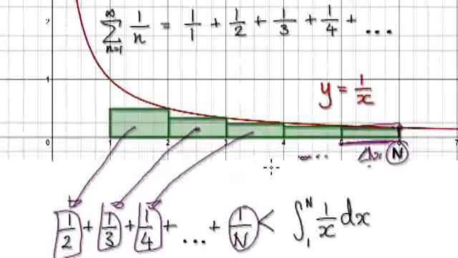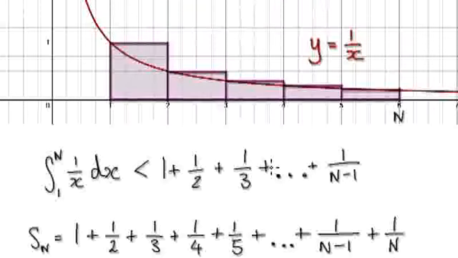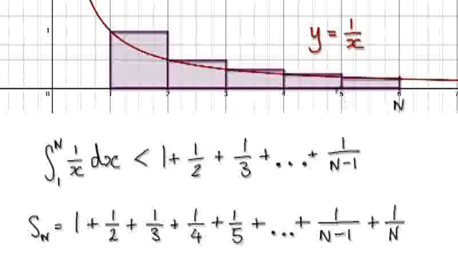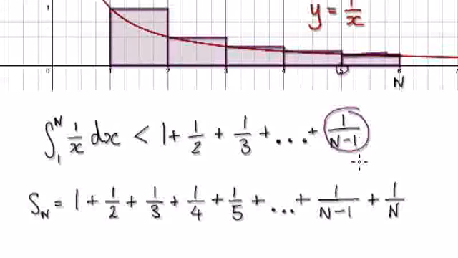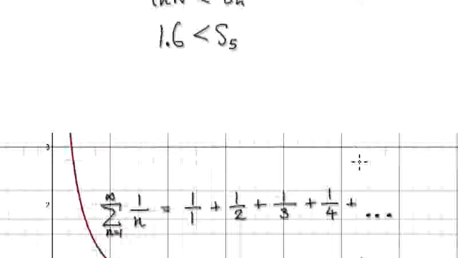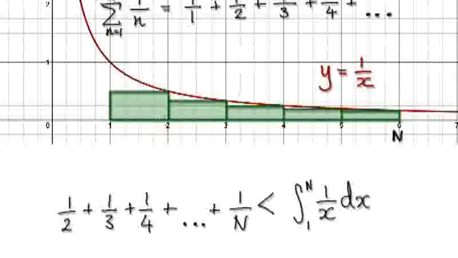For Riemann's upper sum, the last term would be 1 over n minus 1. But for Riemann's lower sum, the last term would be 1 over n, because Riemann's lower sum would be you jumping to here and then drawing it from the right to the left.